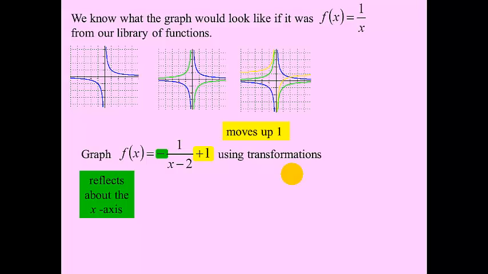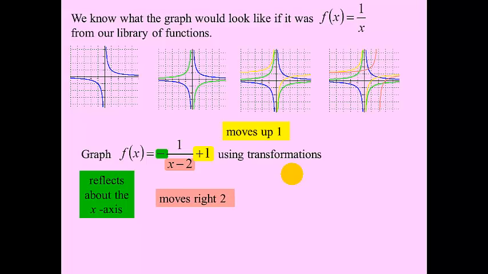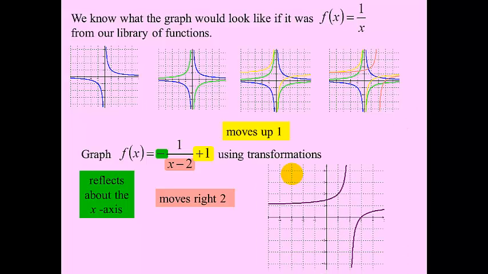The plus 1 on the end is a vertical shift, so that would move it up 1. And the negative 2 with the x would be the horizontal shift, so that would move it to the right 2. So our final graph would look like this. And that's based on just knowing our basic library of functions and then applying transformations to them.